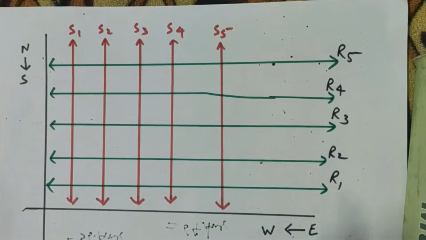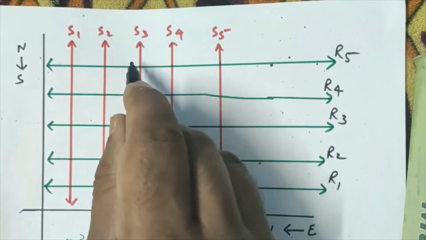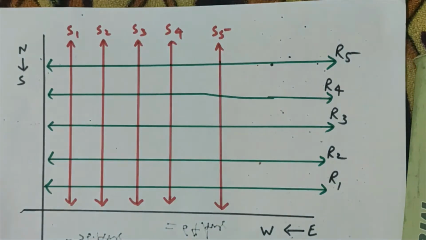Okay, so these roads are meeting at points. These points are called the cross points. As given in the question, the cross point 2 comma 5.